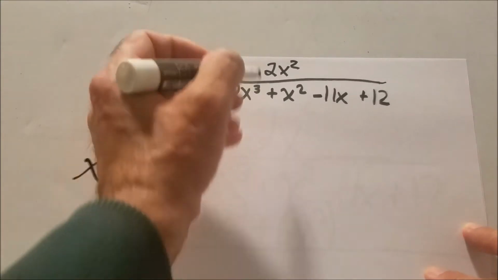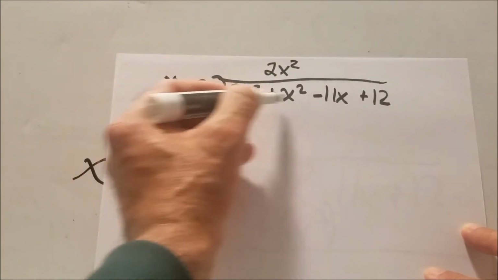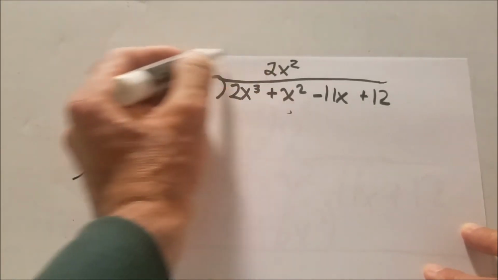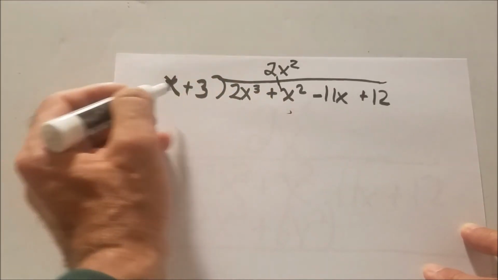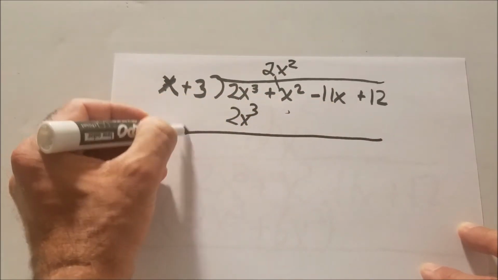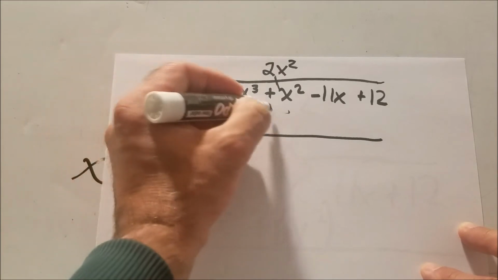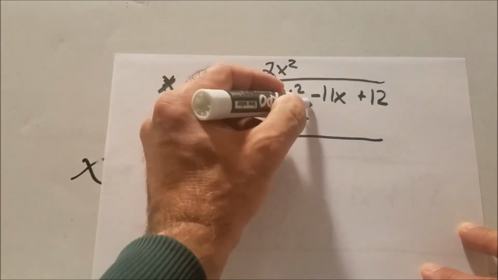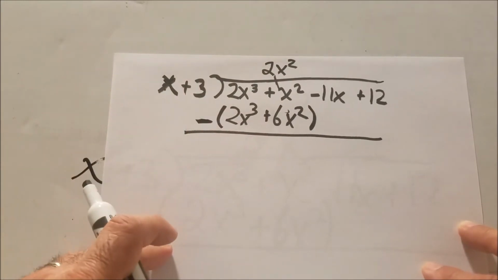The reason I'm bringing it there and not there is because we're going to use these two terms. So then we distribute 2x squared, just like division. 2x squared times x is 2x cubed, like we did before. And 2x squared times 3 gives us 6x squared. So this is the first part that we're going to subtract.